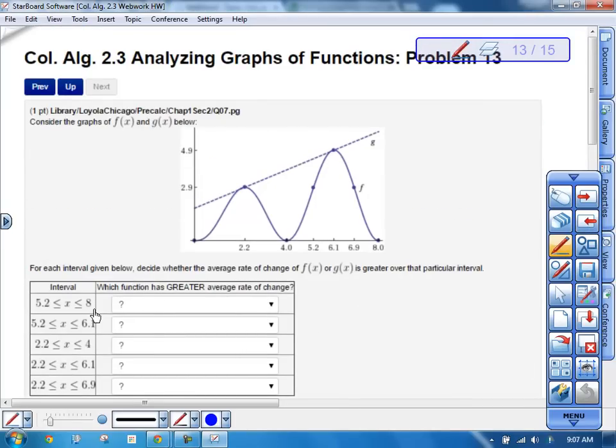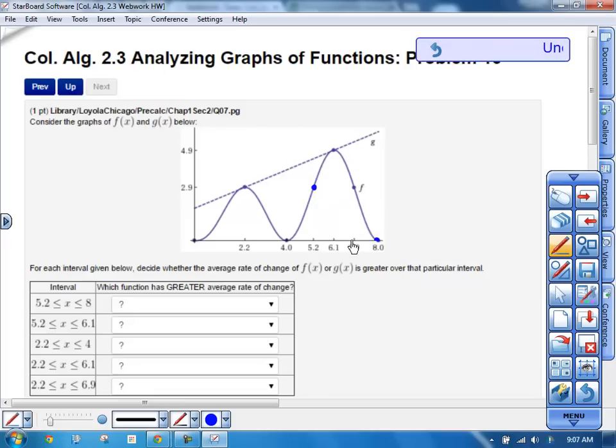All right, the next problem then is another average rate of change problem. It says for each interval given below, decide whether the average rate of change is greater over a particular interval between these 2 functions. The dotted line is g, and this growing sine or periodic function is f. So the average rate of change from 5.2 to 8 would be from here to here for the f, so that's a negative average rate of change.